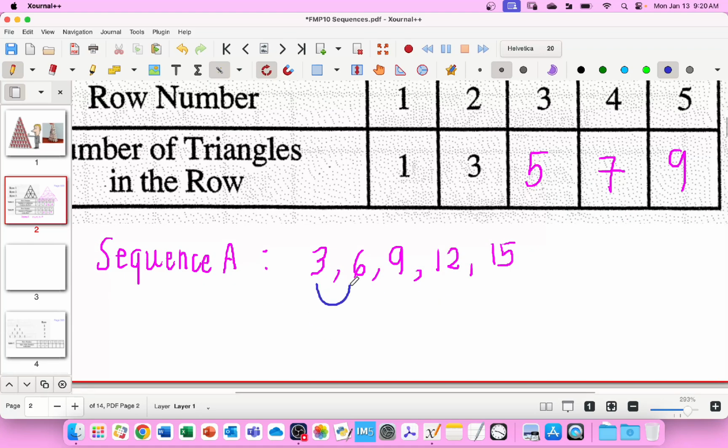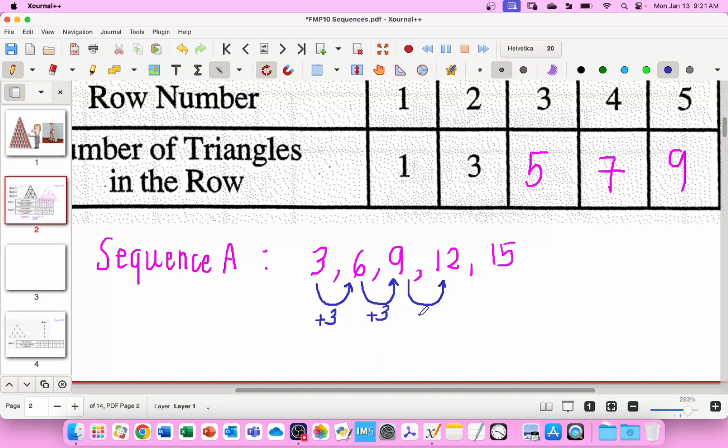See how every time I'm basically adding 3. I'm adding 3 to get to the next number in the list. Again, I'm adding 3. Again, I'm adding 3 to get to the next number in the list.